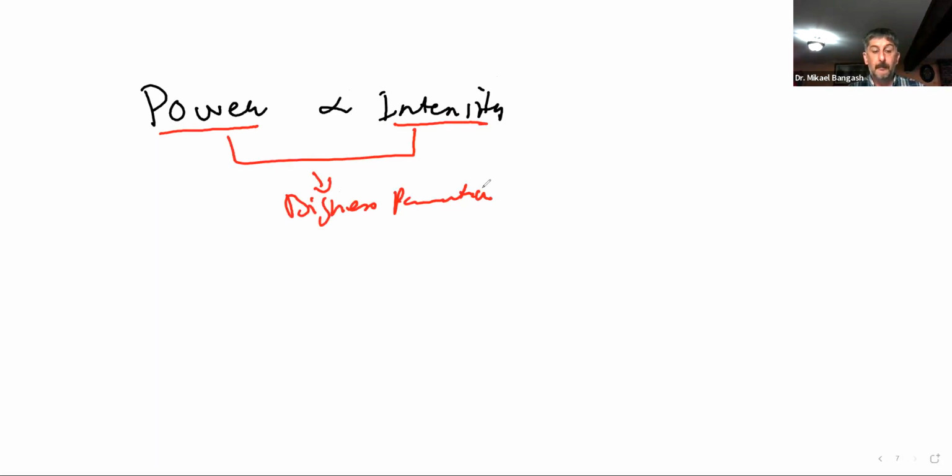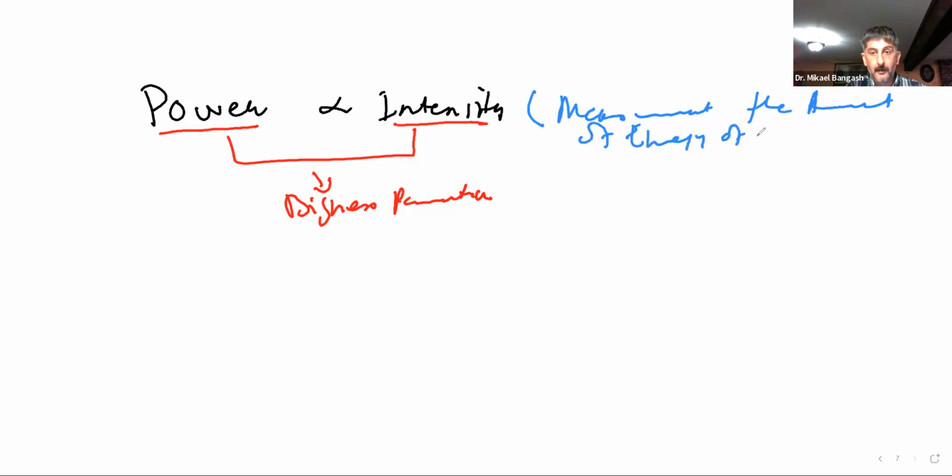And the first thing that I mentioned about these bigness parameters was that both of them are measuring the amount of energy of the sound wave.